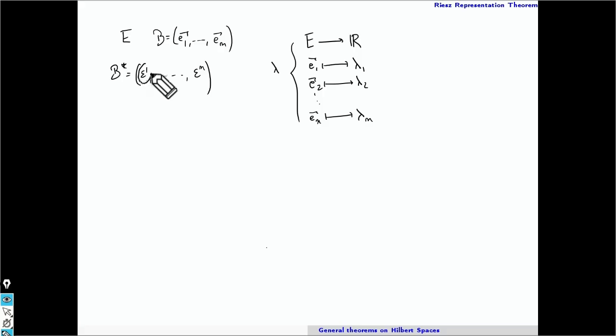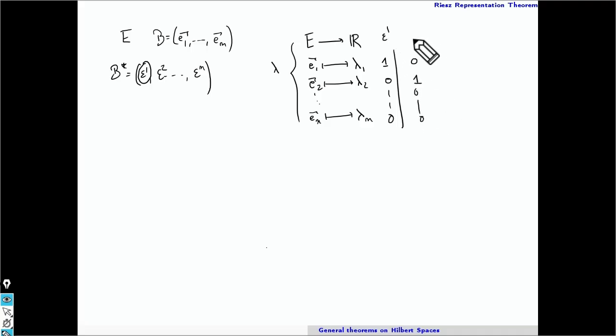So by definition, we define the first basis element, so first form, by: the value on e_1 is 1, the value on e_2 is 0, and the rest is 0. We define the linear map epsilon 2 as having value 0 on the first vector, then 1 on the second vector, and 0 for the rest.